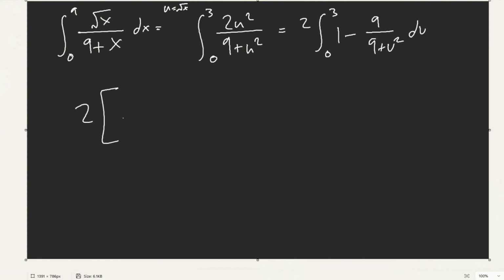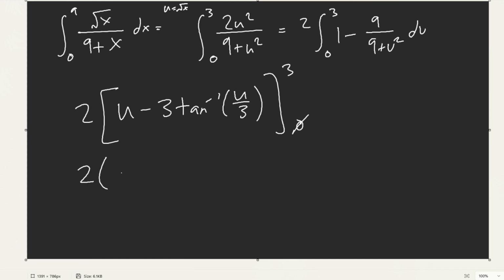So we get something like u minus 3 inverse tangent of u over 3 from 0 to 3. And we know 0 is going to be 0. So we get 3 minus 3 pi over 4, right?